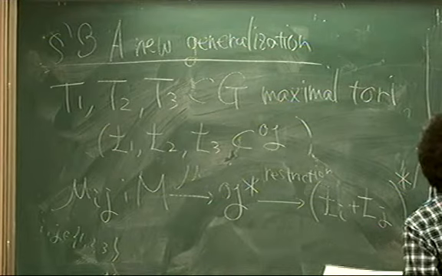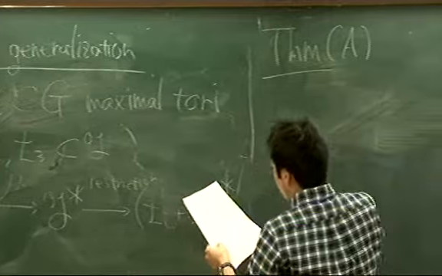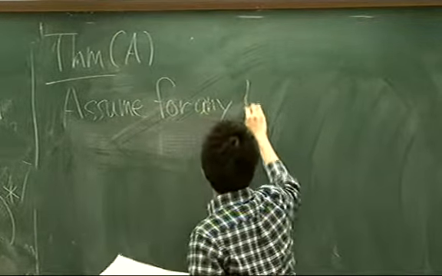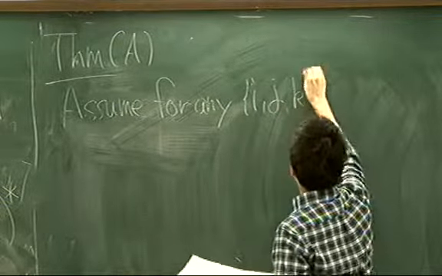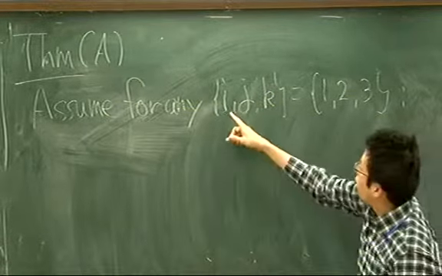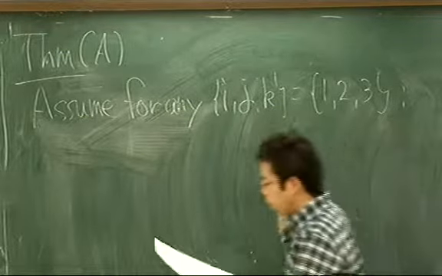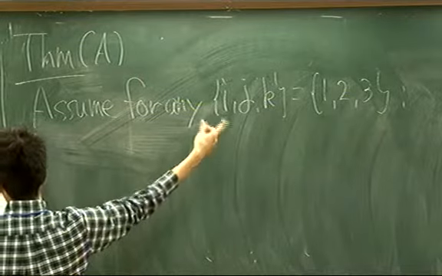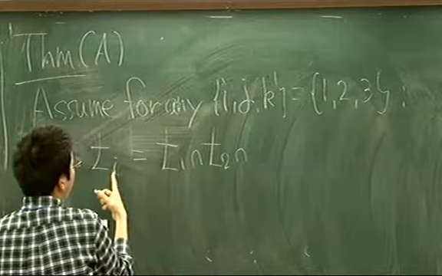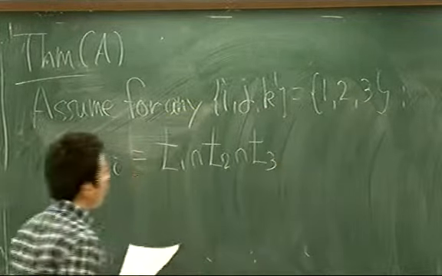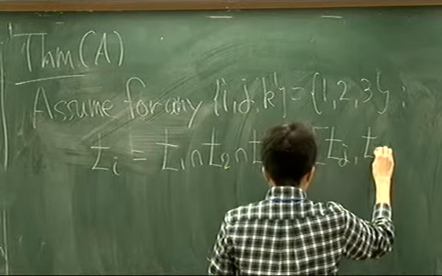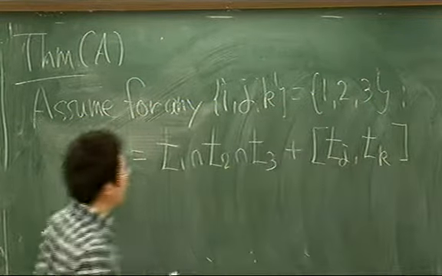Then here comes a theorem. First, assume for any i, j, k which equal 1, 2, 3 as a set, that means i and j can't be equal, and similarly j and k and so on, for these i, j, k we assume this condition: t_i is equal to the intersection of these three tori plus the commutator of t_j and t_k.